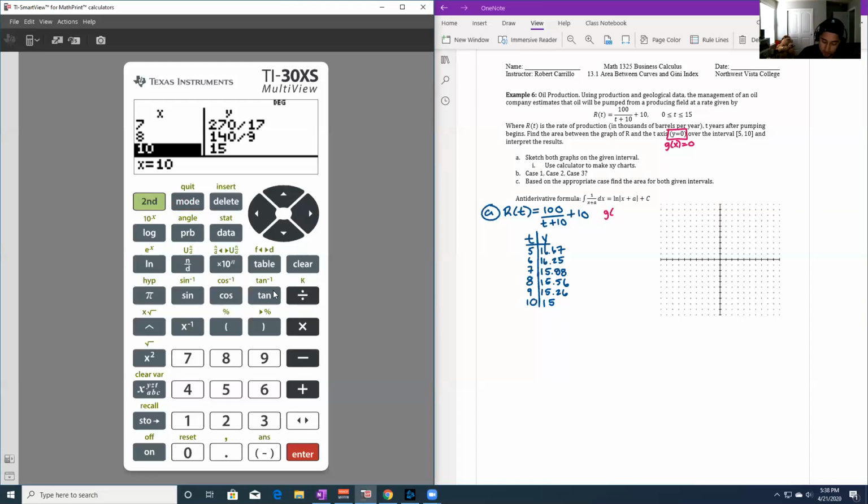G of t equal to 0. Make your T-Y chart, pick the same values, 5, 6, 7, 8, 9, 10. And no matter what we pick, y is always going to be 0, 0, 0, 0, 0, 0.